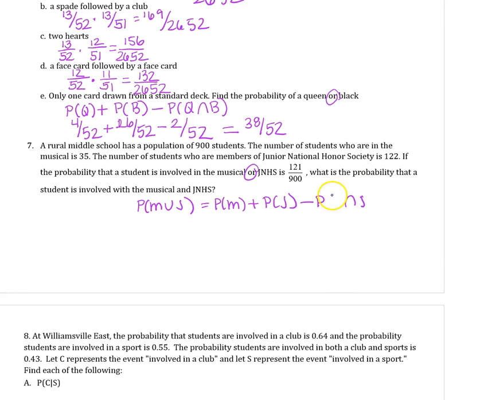Now there's 900 students in the school, right? They're telling you 35 of them are in the musical. So 35 out of 900 are in the musical. Those that are in JNHS is 122 out of 900.